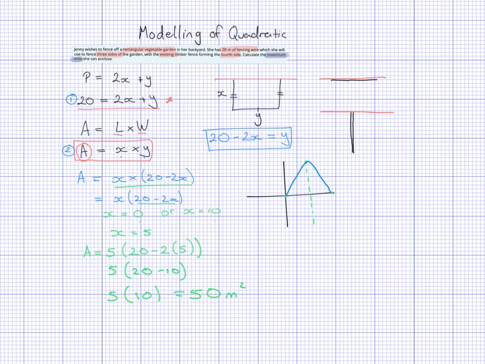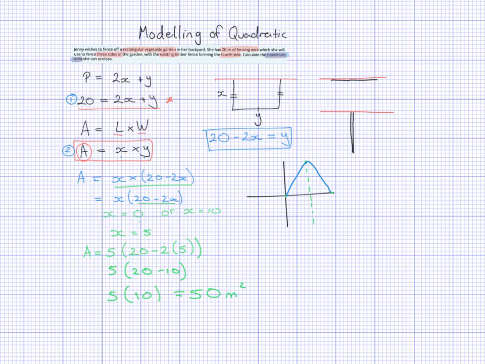Just to reiterate, the first step we did was to write down some of the information we'd been given after we drew this picture, because this picture was quite helpful. We substituted information that we'd been given from the problem into the formula, and we did that with the area also. The next step was to substitute the first equation into the second equation using simultaneous equations, then to simplify and solve from there.